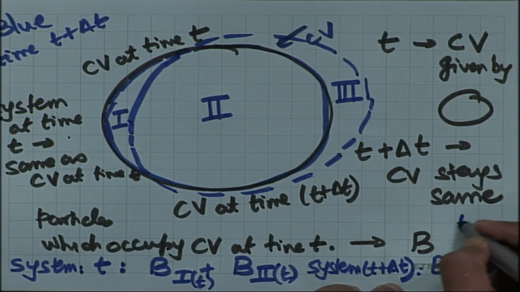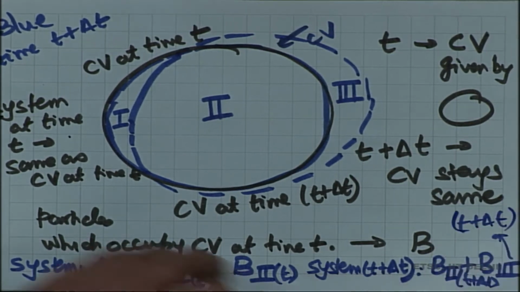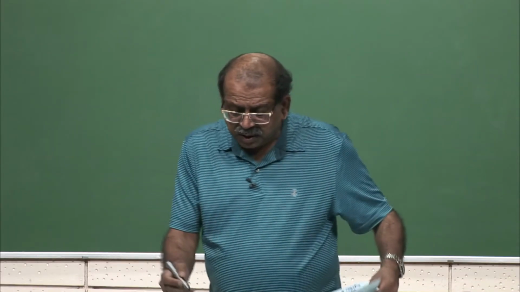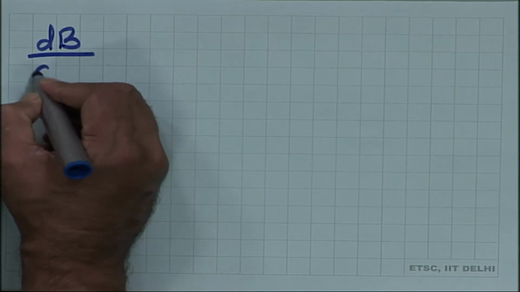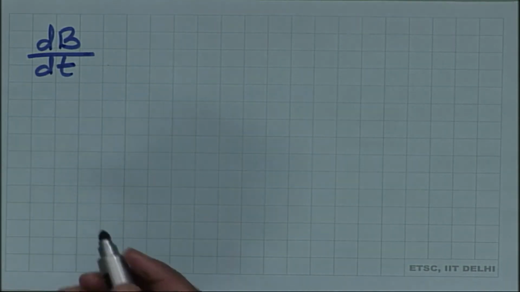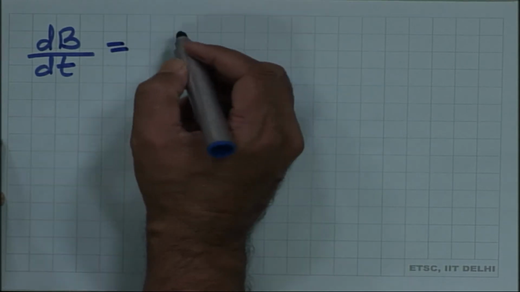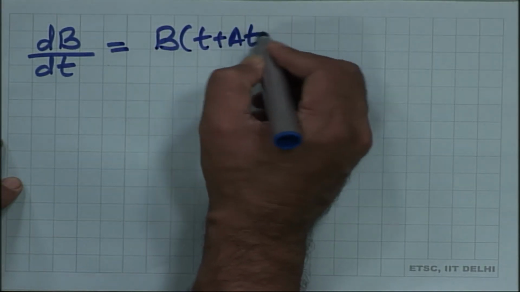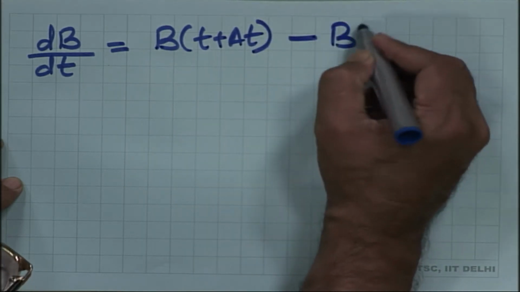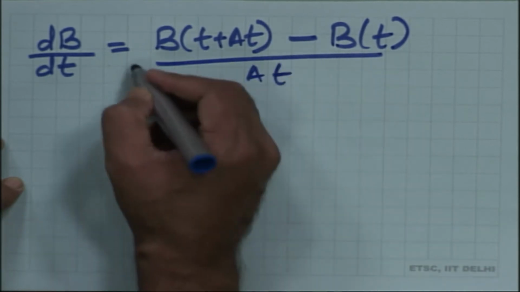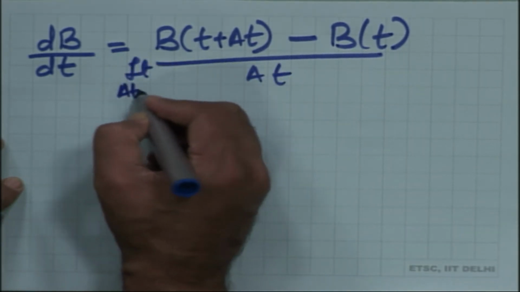So, let me write it clearly again. What we want to find is the material derivative of B, dB by dt, and this we know will be equal to B at t plus delta t of the particles minus B at t divided by delta t, limit delta t going to 0.